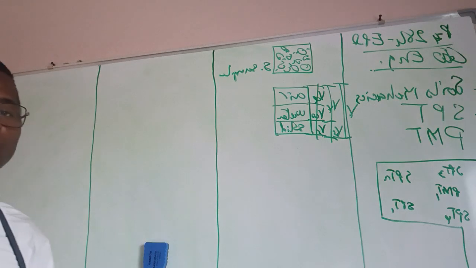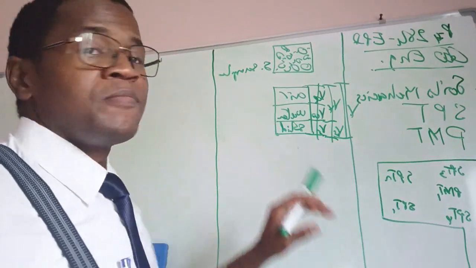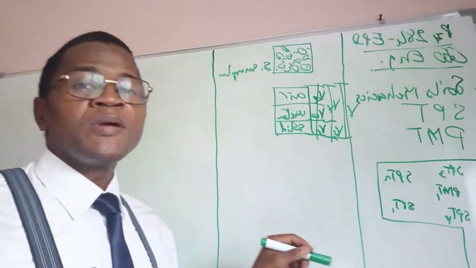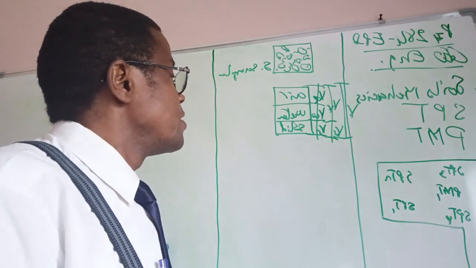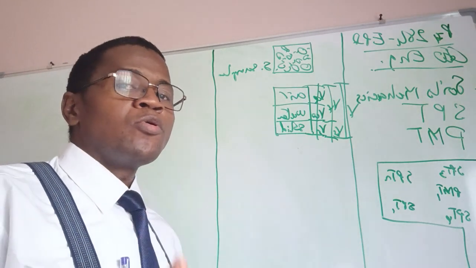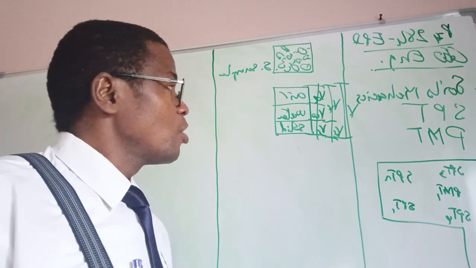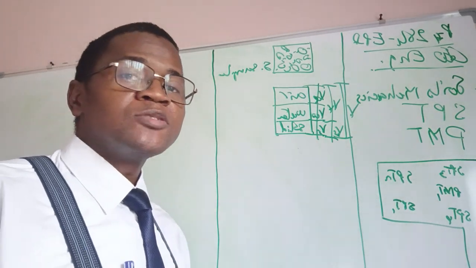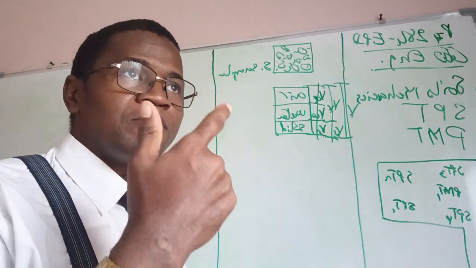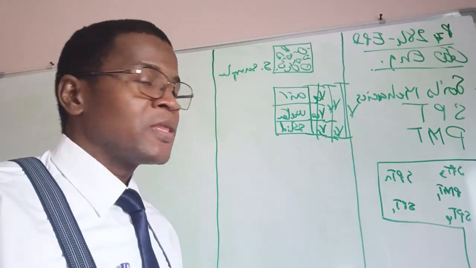Very important. When you reach that level, I have to say something before moving forward. When you are undergoing a geotechnical investigation, you must at the end be able to get the material identification.